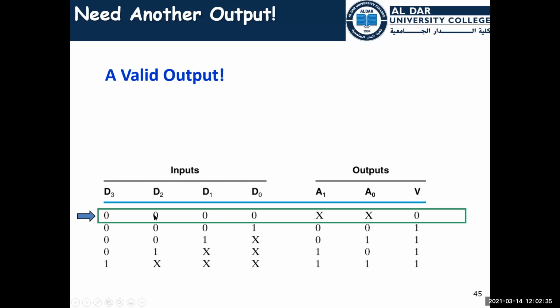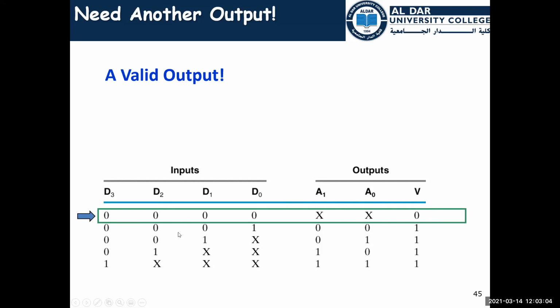So if we have an input of all zeros, this means we have a variable V, and it will be 0. This means it is not a valid input. And irrespective of the value of A1, A0, it's XX, the output will not be valid.